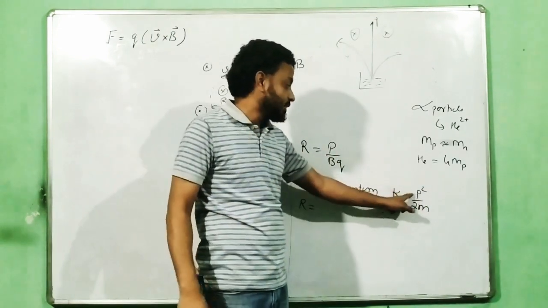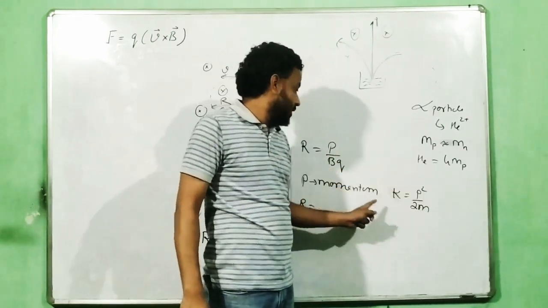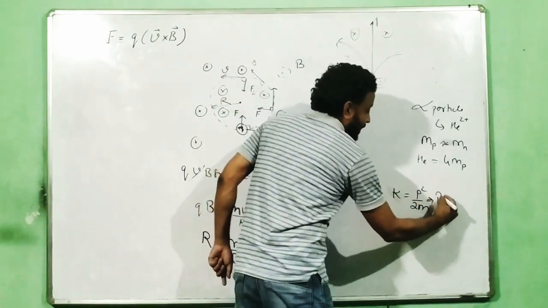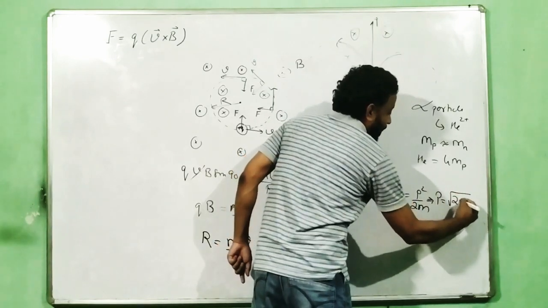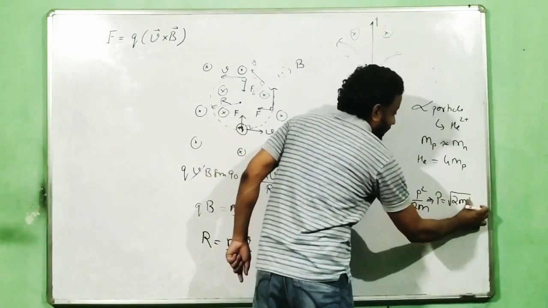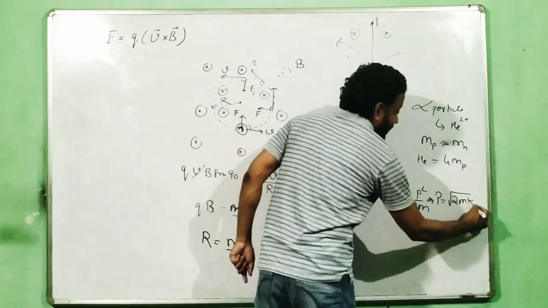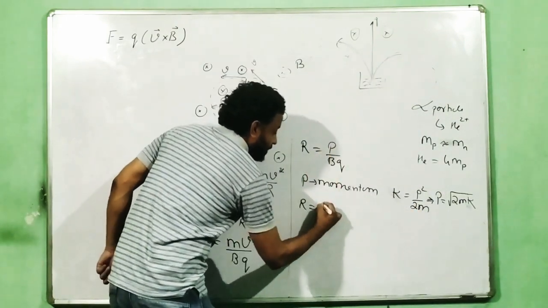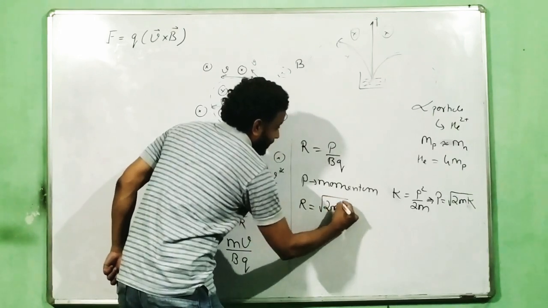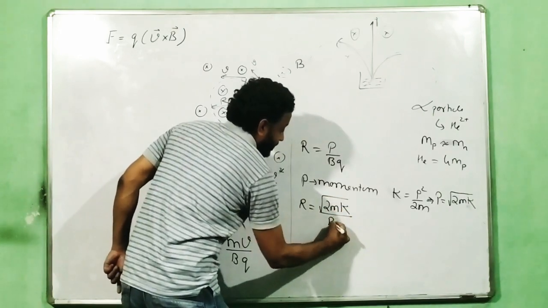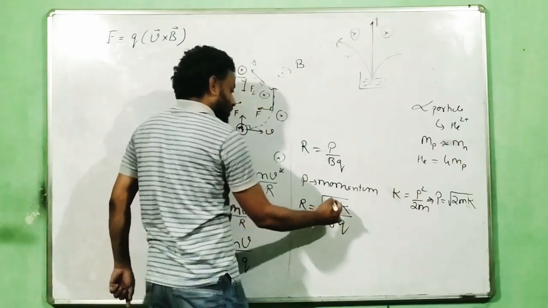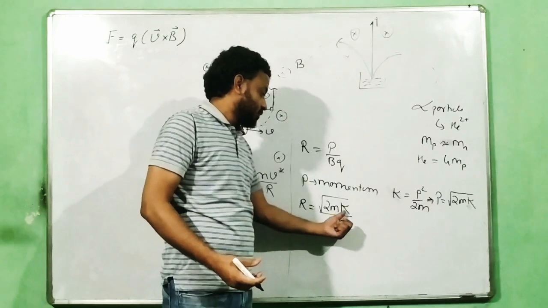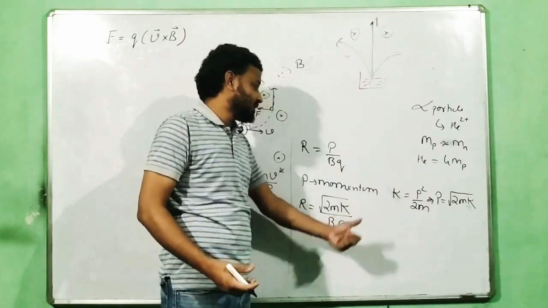So momentum can be written as root over 2mK, where K is kinetic energy. So I can write r as root over 2mK divided by B times Q. So now the whole radius has come out in terms of kinetic energy.